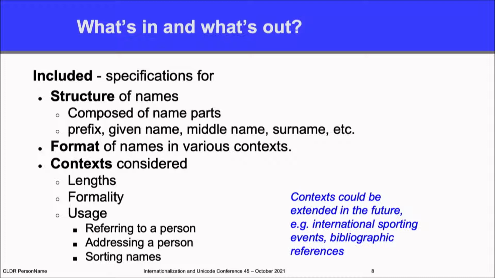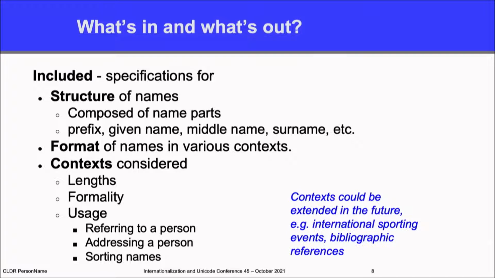What is included is how to define the structures of the names. What is included is the method to determine the formats. What is included is the context in terms of lengths of names, the formality indicator, and the usage of the name. If I am referring to a person, for instance, "that is Texan over there" versus "hi Mark."